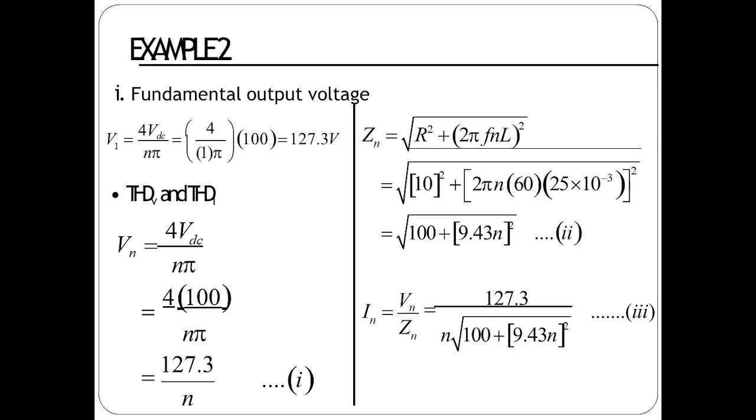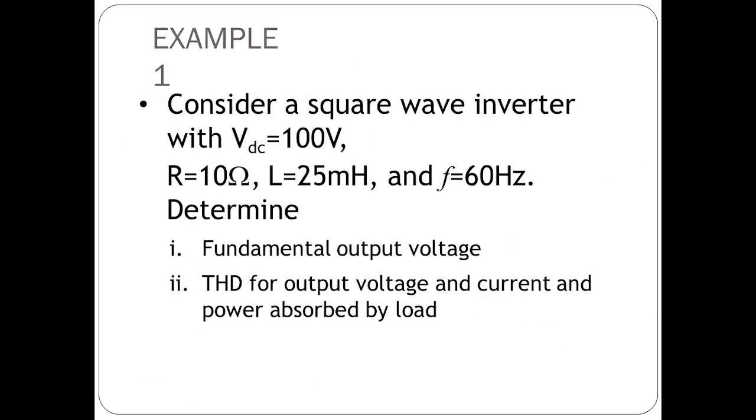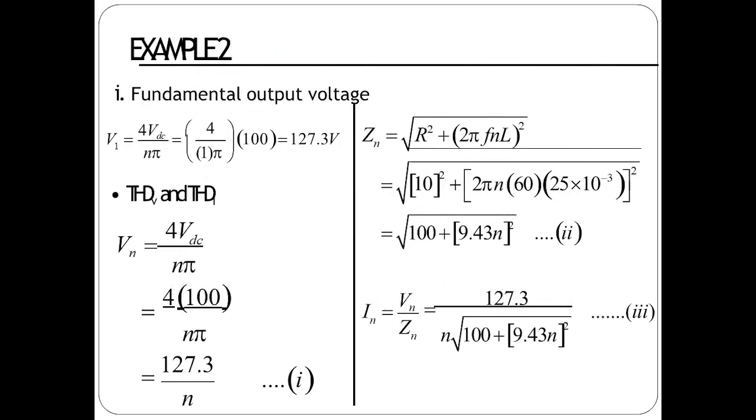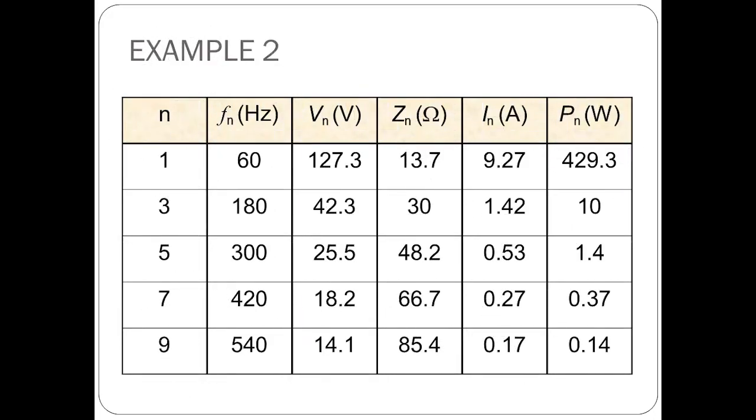The power formula is P is nothing but Vn into In. So we see that the power value 429.3 is also there. How is this 429.3 available? We will have the current and voltage, and if they are there, then the current and voltage will be multiplied and we will get this particular value.